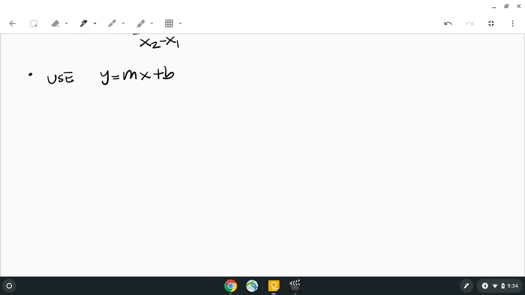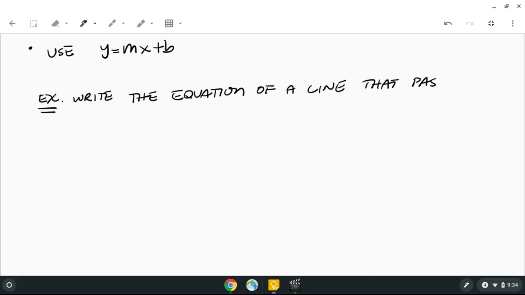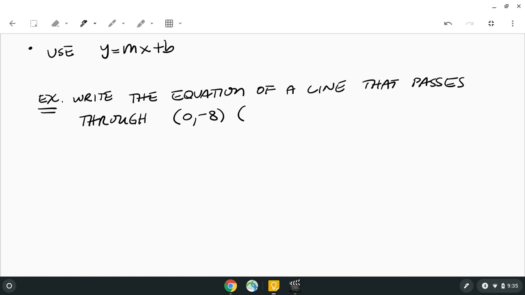Okay, so let's take a look at an example here. Write the equation of a line that passes through (0, -8) and (-1, -1).